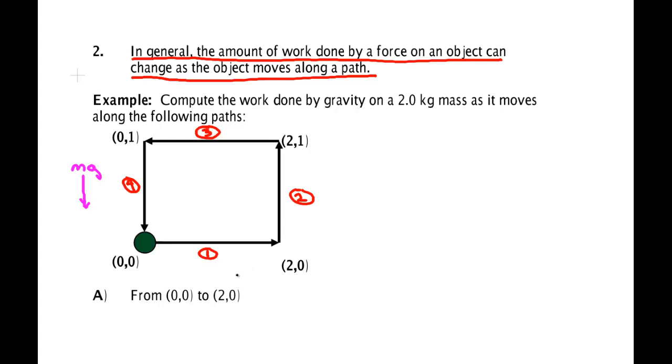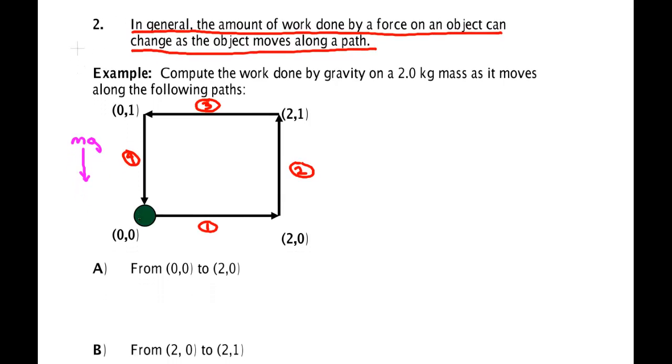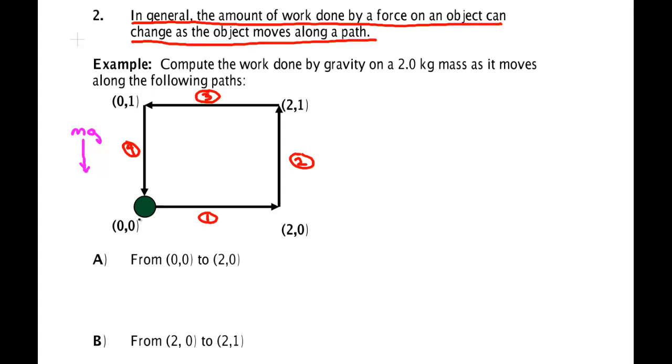And so here's how we go about this. We do exactly what we did in the last video. We compute for each single path separately. So in this case, from path 1, from here to over there, we have the following. The work done on part 1 is equal to the force dotted into the displacement vector, delta r, along part 1.